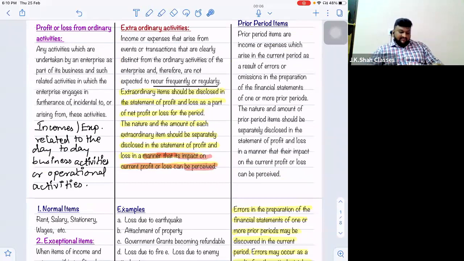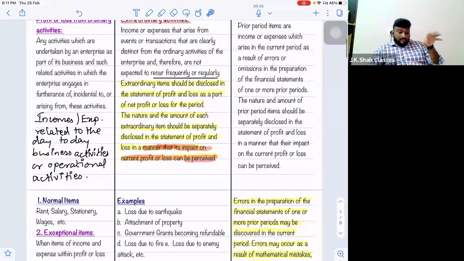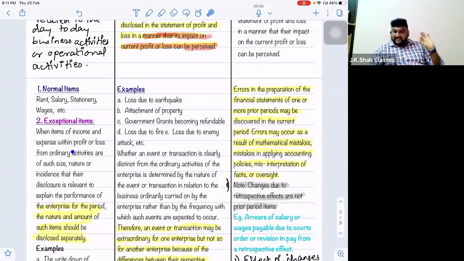Now, what is the basic definition stating? When items of income and expenses within your profit and loss from ordinary activities, means these are your ordinary activities items, it can be an ordinary income or an ordinary expense, but its size and nature or incidence is such that their disclosure is relevant to explain the performance. Now, when I say that certain items are required to explain the performance of your enterprise, means they are material.